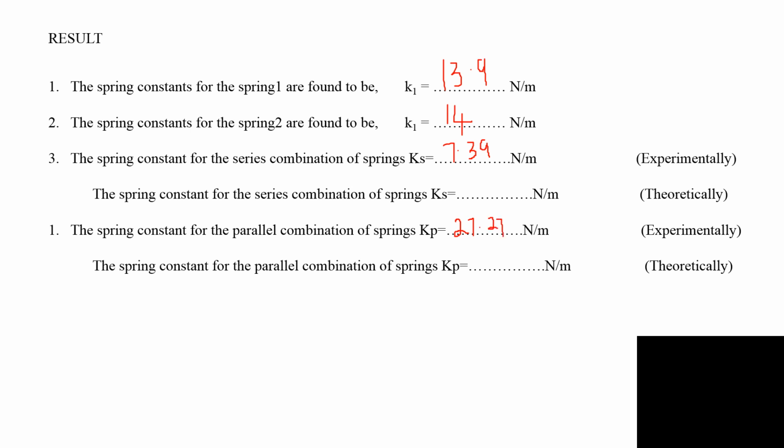We have to calculate K series theoretically using the formula K series equals K1 multiplied by K2 divided by K1 plus K2.